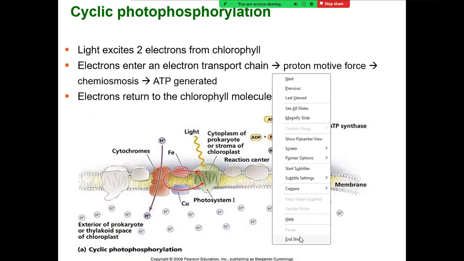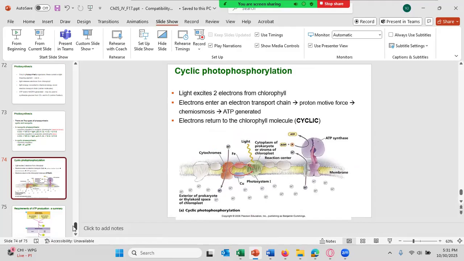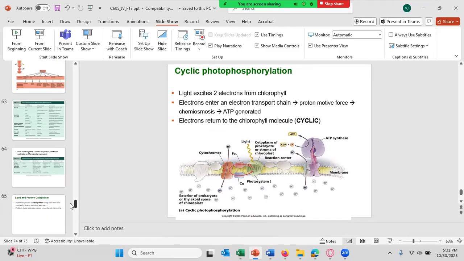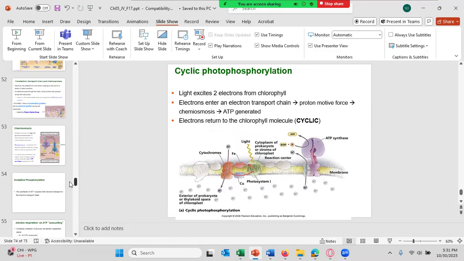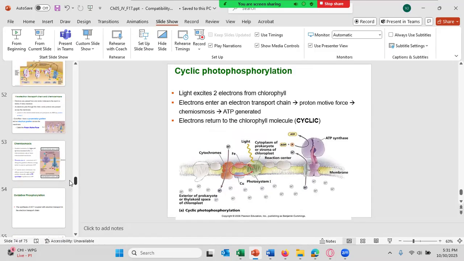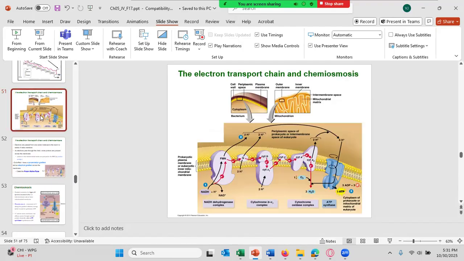So it's very similar to this reaction in the electron transport chain. The difference is that there's fewer proteins in the chain in cyclic photosynthesis than there is in aerobic respiration. But you do cause the hydrogen ions to form and all that.